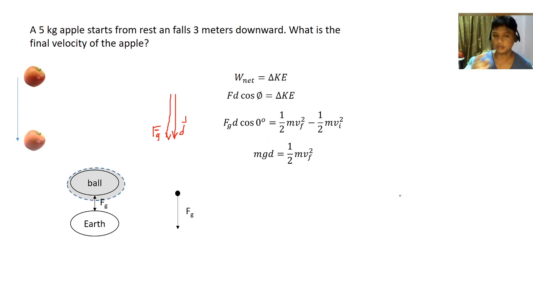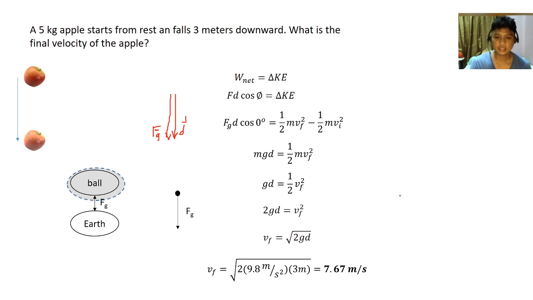Notice that there is m on both sides of the equation. You can cancel it out. gd is equal to 1/2 v_f squared, and further manipulation gives you v_f equal to square root of 2gd. Substituting g and d, notice that the mass of the apple didn't really matter, you get 7.7667 meters per second. There's another way to solve this problem.